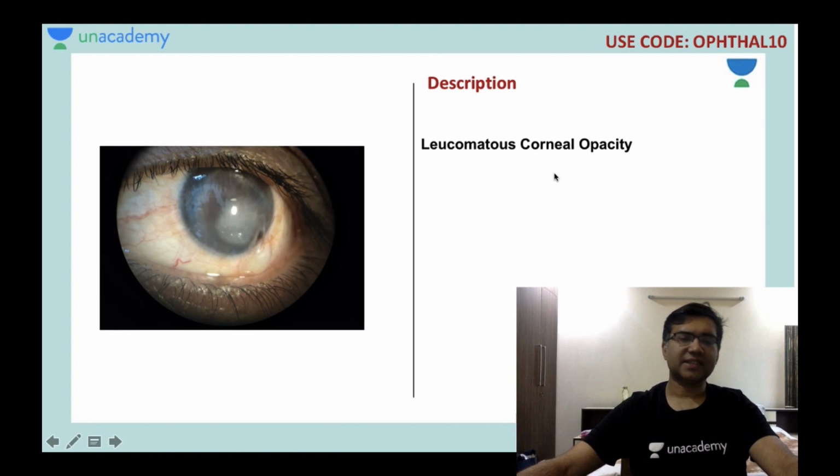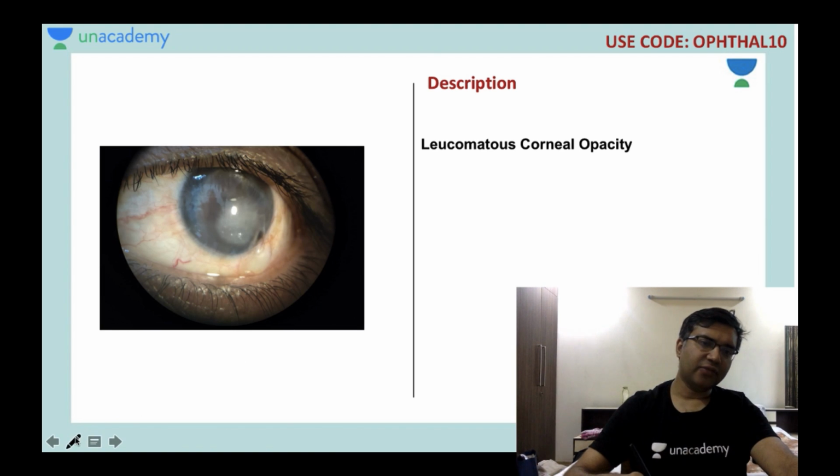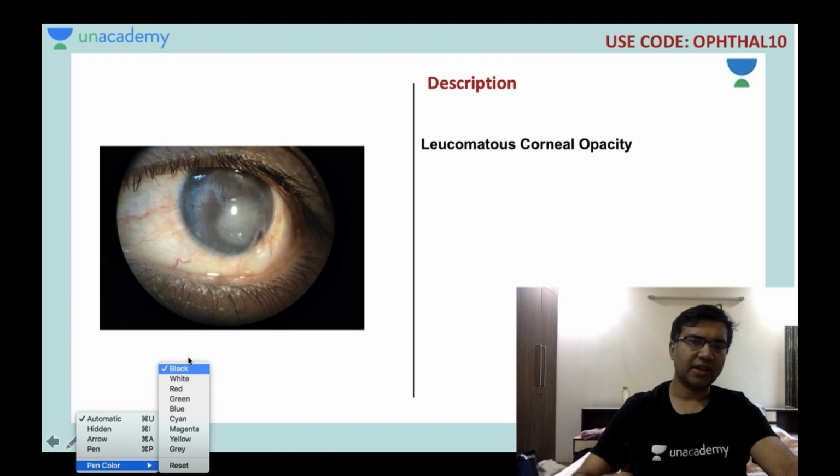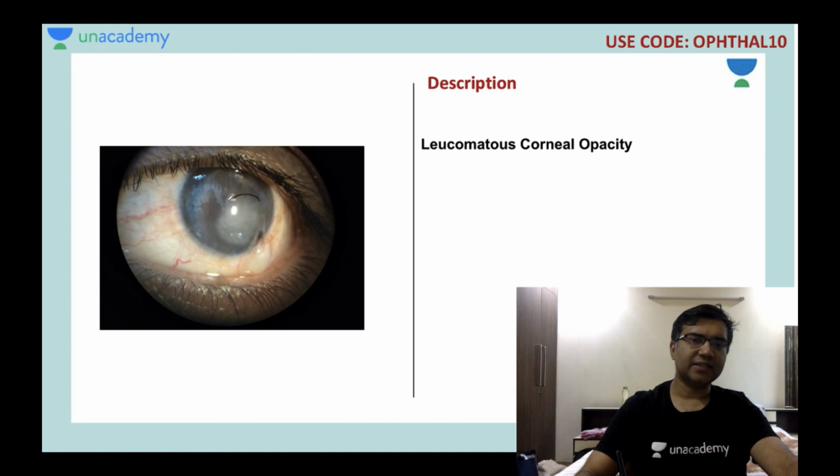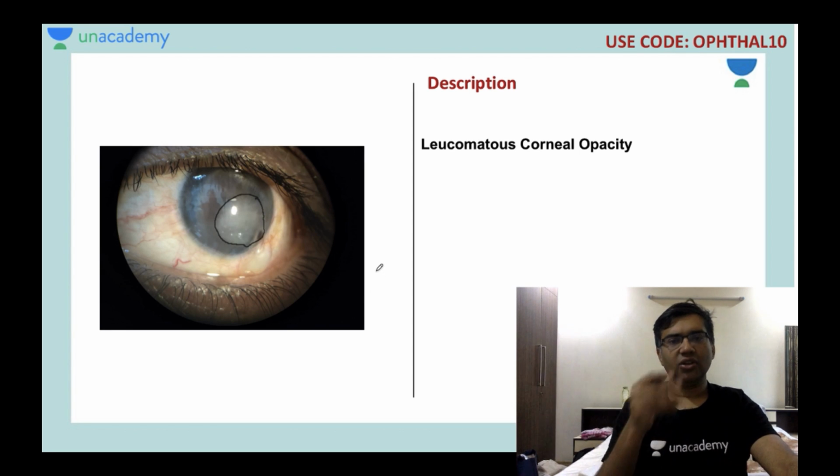So this is my first slide. In this slide, you can see there is a hazy type of cornea and there is an opacity here. I have just marked it. On the basis of how deep the opacity is, we classify into nebular, macular and leucomatous opacity.